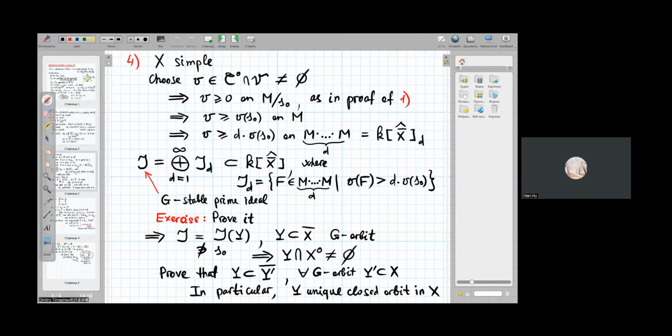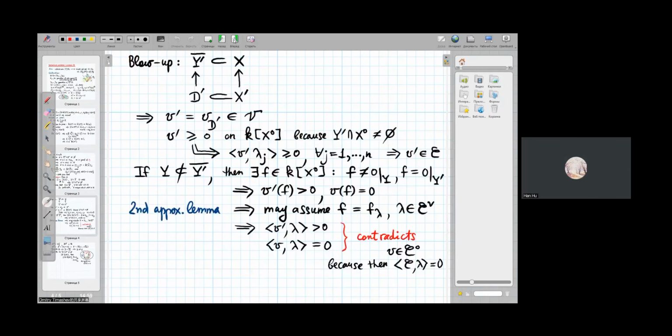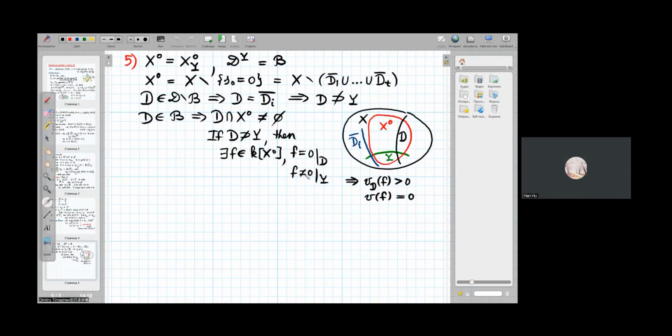And if the inequality is not strict, then the function does not belong to this ideal. Since we are considering functions not on the whole affine cone but on this open subset X naught in the projective variety, we divide everything by S naught to the power d, and we get that the value of the function is either positive if it vanishes on Y, or 0 if it doesn't vanish on Y. In this case, the function does not vanish on Y, and this means that the value is 0.